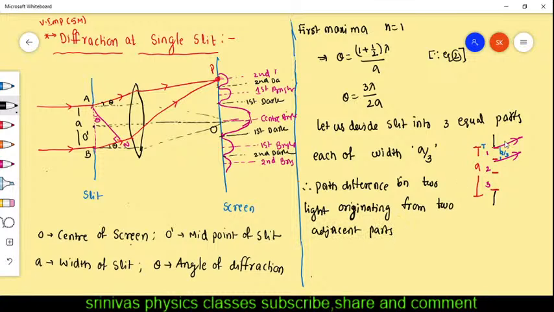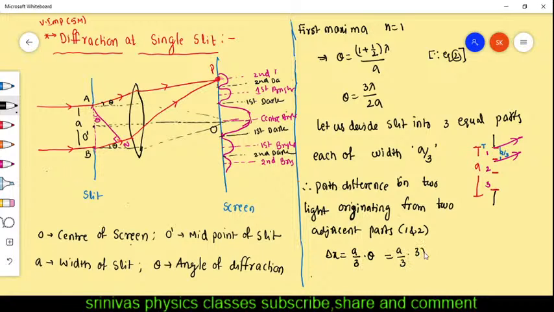You see here in the diagram, this is the first part and this is the second part, and those two are adjacent parts. Three parts we divided, and adjacent parts you can take as one and two, or any. What is the path difference? The path difference formula is a by 3 into theta.